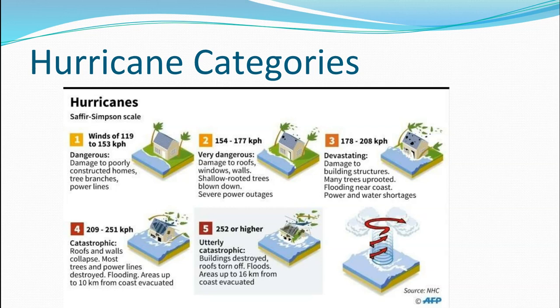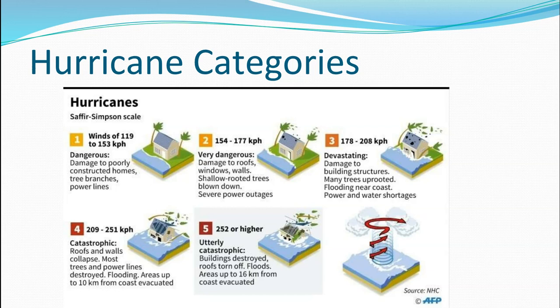It seems to be always palm trees, but these do happen along the coast. So your category 1 hurricane's going to blow the trees around a little bit, maybe take down some power lines, but that's about it. Your category 2 is going to start just taking off your shingles and taking down the power. And you can see at this point, those palm trees are actually losing some leaves.